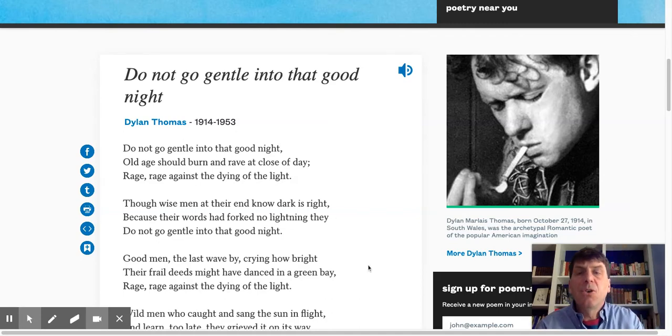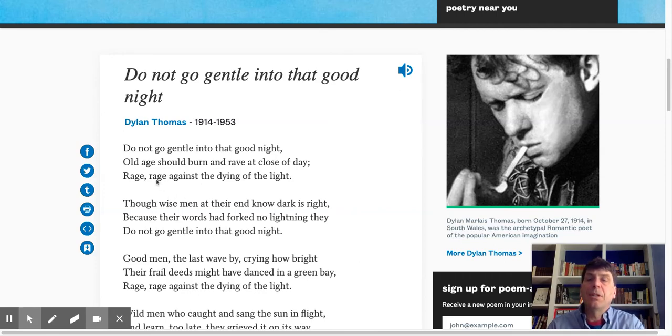And then close of day, we get this sort of image of death as the close of day. So we have some strong imagery that suggests the personification of old age should be intense and strong, which makes more sense now that we heard those G sounds in the opening line. And then he finishes, "Rage, rage against the dying of the light."